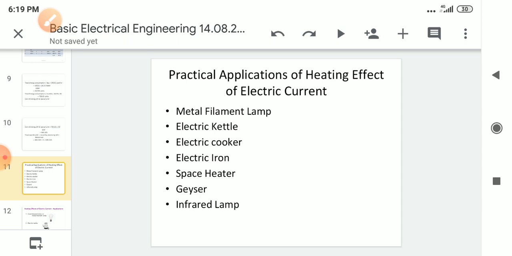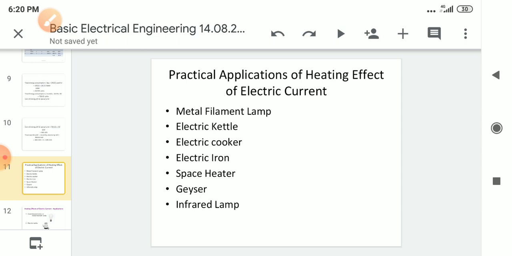So what are the equipments? Let's see some of the common appliances used in our home. That is metal filament lamp, electric kettle, electric cooker, iron box, that is electric iron, space heater, geyser, infrared lamp.